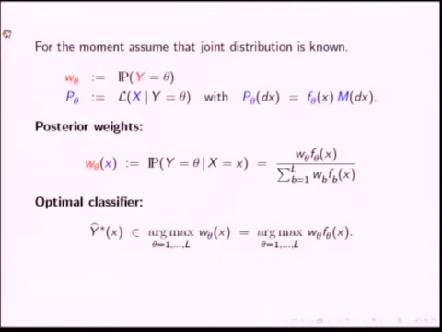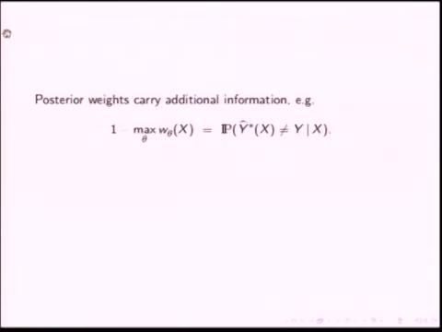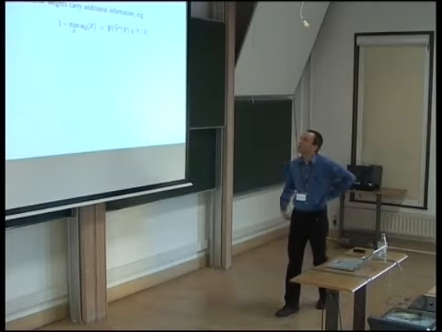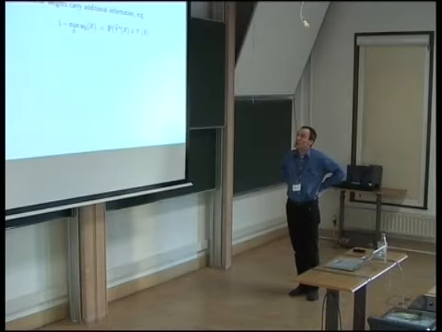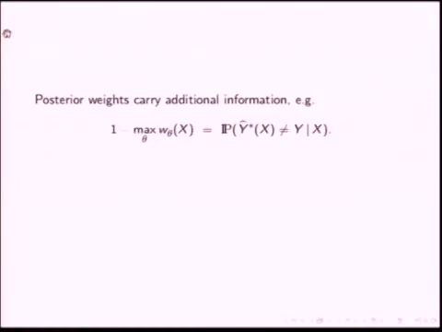Now, if you really consider the posterior distribution, the posterior weights carry, of course, additional information. For instance, 1 minus the maximum of your posterior probabilities is the conditional probability that your classifier is wrong.